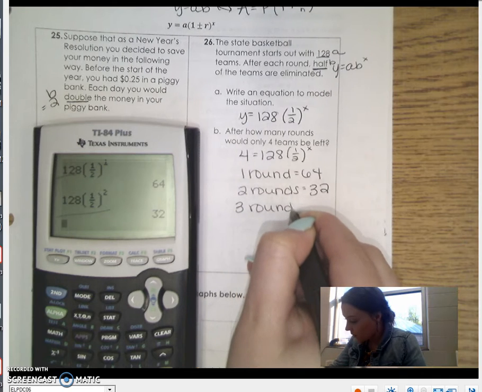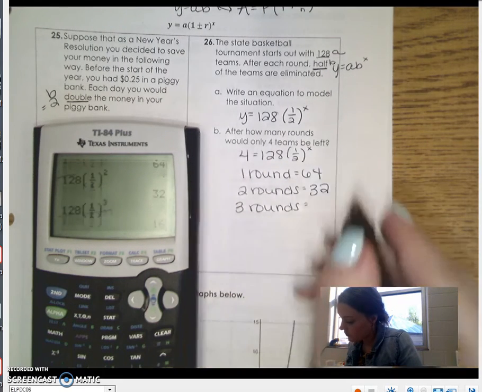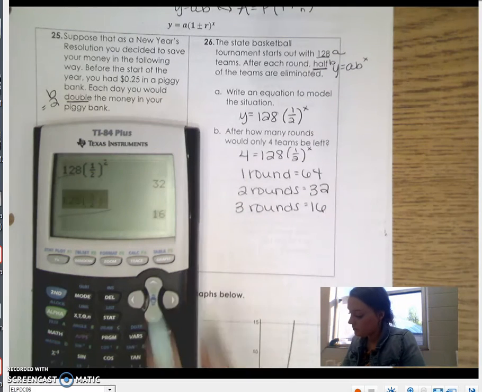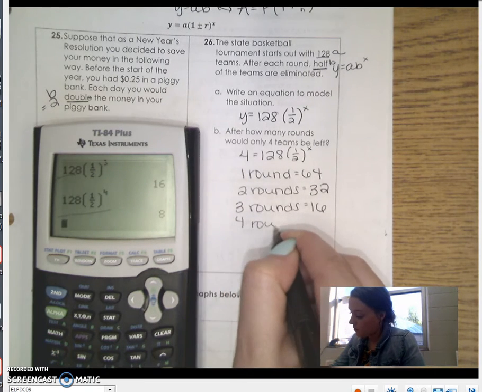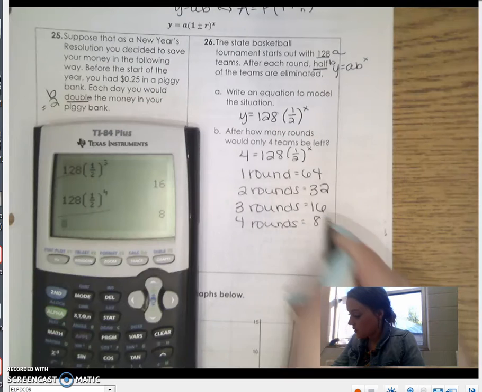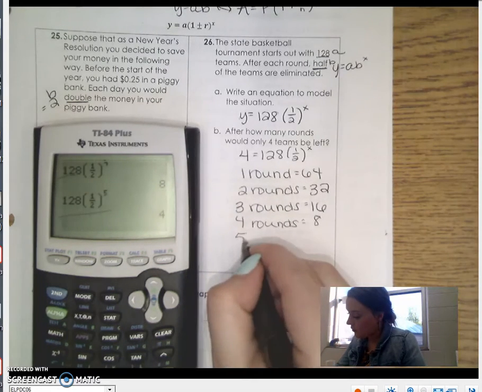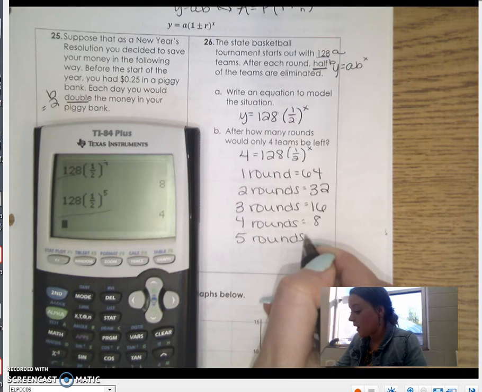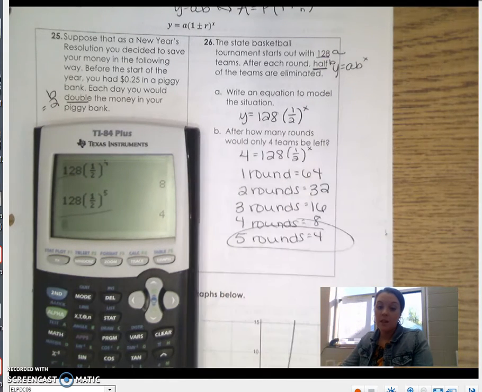3 rounds. 16. We're getting closer. 4 rounds. 8. 5 rounds. 4 teams. That's exactly what they were asking me. After how many rounds would there be 4 teams left?